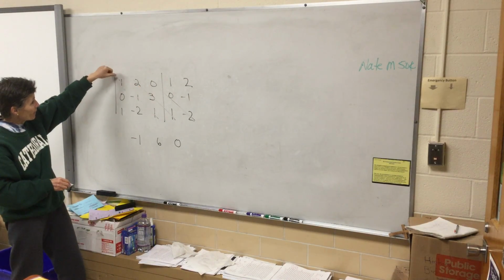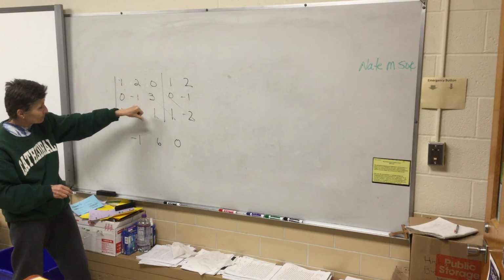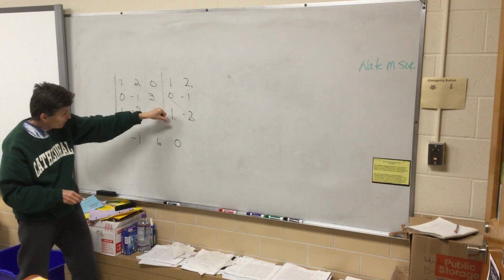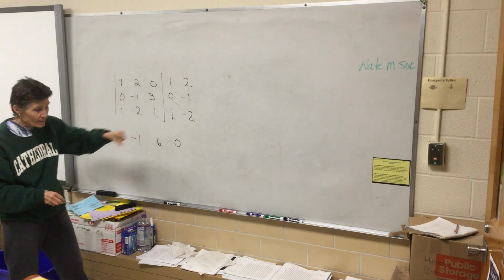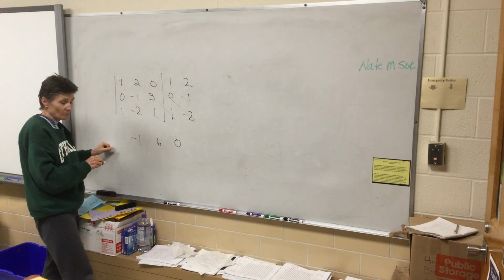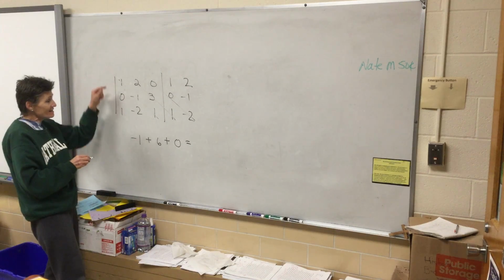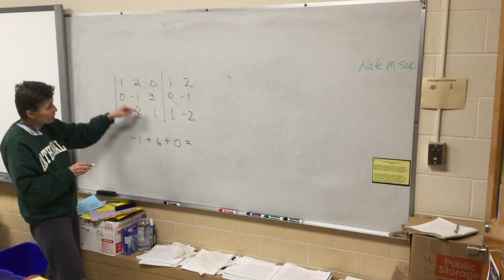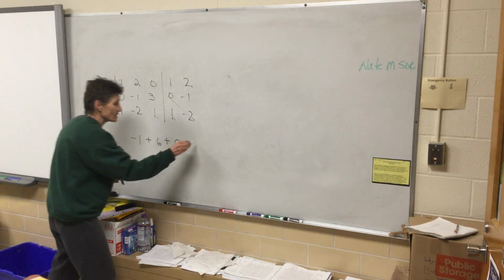So I always start right here with the very first number, and I multiply. Now, those answers that you got, total them up. We want the grand total. So this is a negative 1, a 6, and a 0. When I add all those up, I get 5.